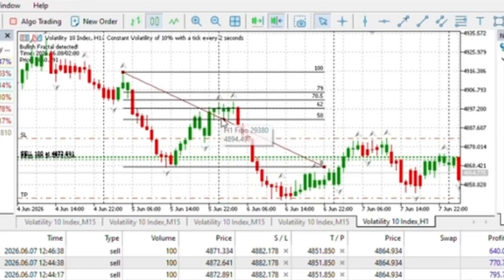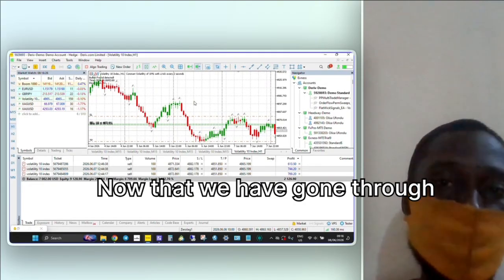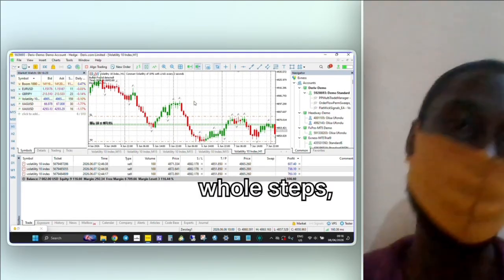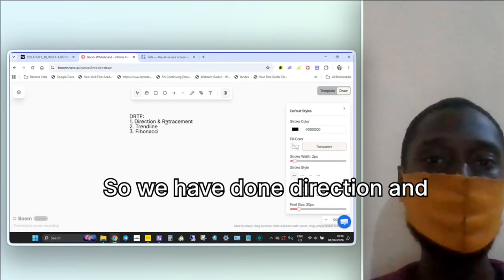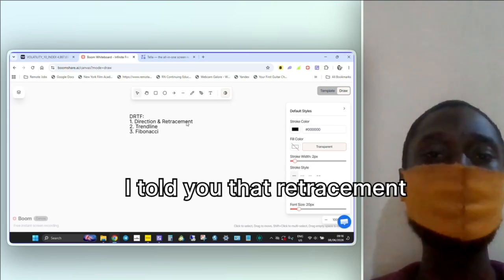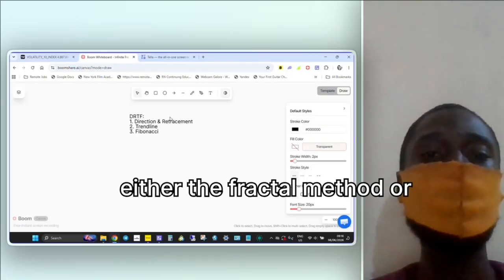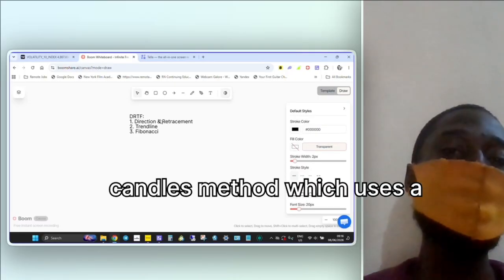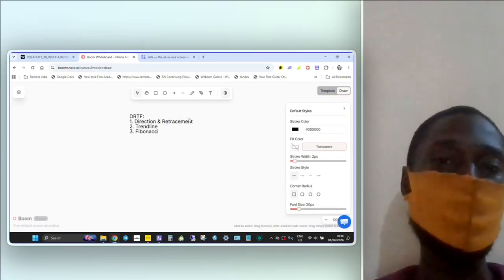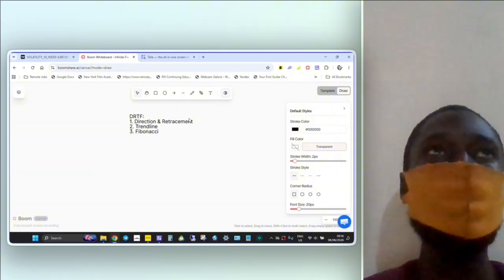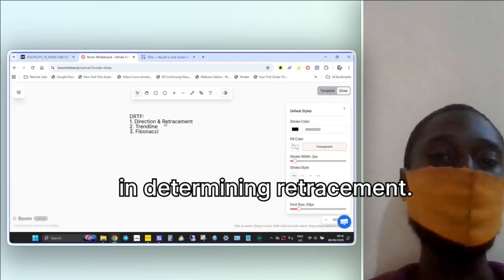Okay, that's basically it. Now that we have gone through the whole steps, let me see if we have it. So we have done direction and retracement. I told you that for retracement you can use either the fractal method, or the Xmas Candles method, which uses a custom market structure shift strategy in determining retracement.